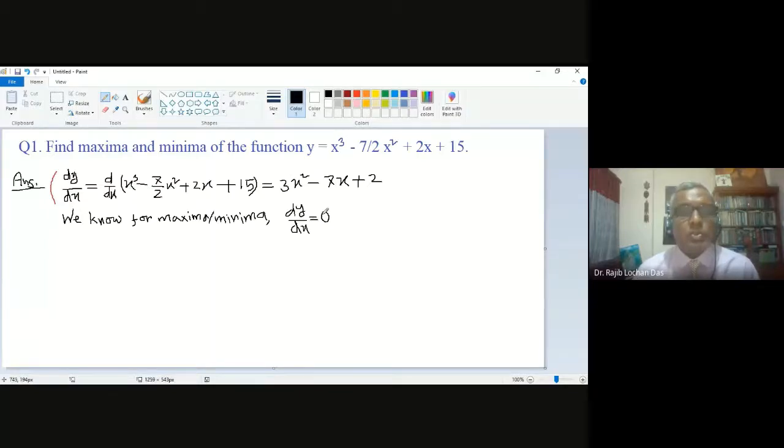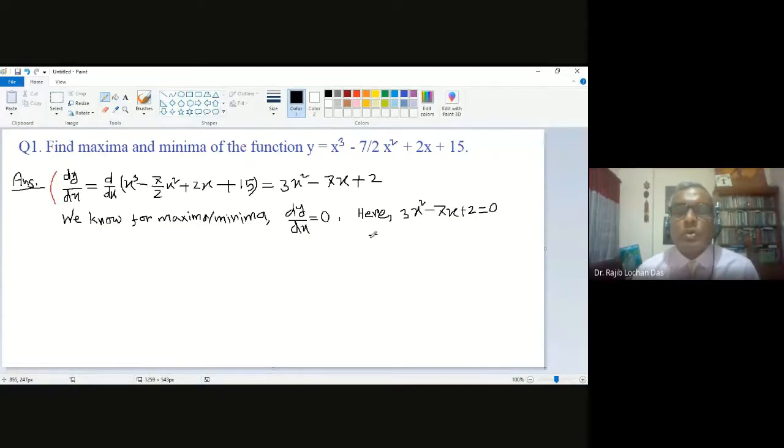So here in this example, what is dy/dx? We already know. It will be 3x square minus 7x plus 2 equal to 0. Now you will find out the x value from this equation. You do the middle term factorization.